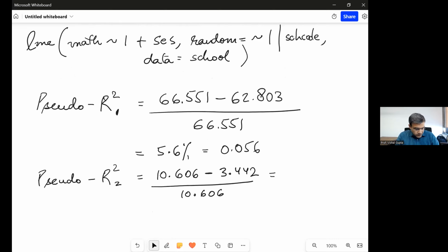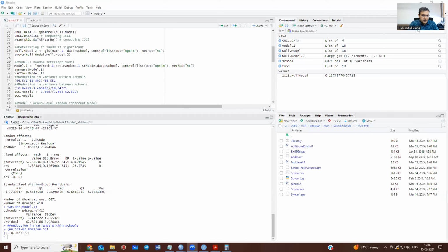Let us compute it using our R script. So let us write this as reduction in variance. Let me also edit the script and say this is pseudo r square at L1 and this is pseudo r square at L2.